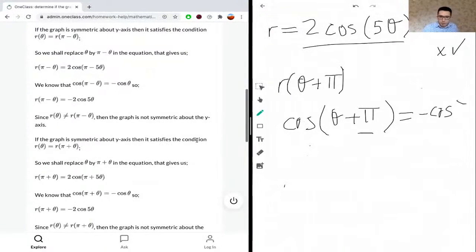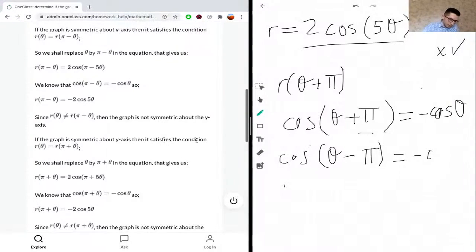And that's really how I should have tested for the y-axis symmetry as well. Because it's equal to negative cos theta and not cos theta, we get no y-axis symmetry and no origin symmetry. So even if we substitute for pi, for testing for the y-axis, for theta minus pi, we'd still get negative cos theta.